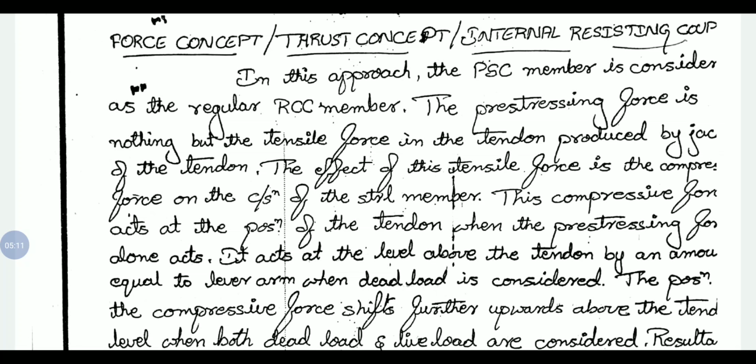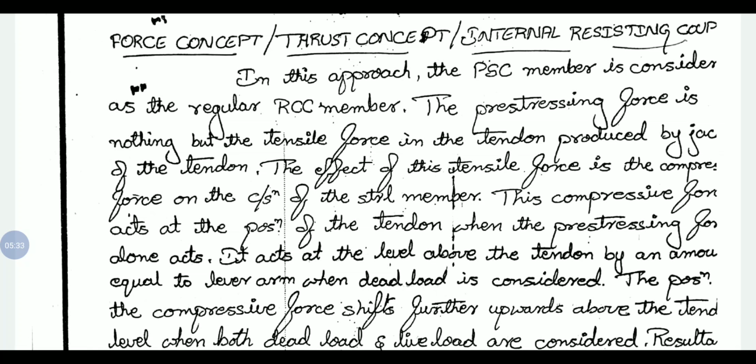That shifting of the compressive force above the tendon indicates that we are applying the load and transferring the tensile stresses from the steel to compressive stresses on the concrete.